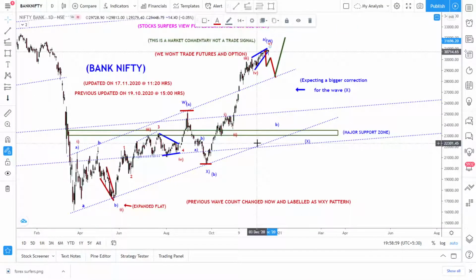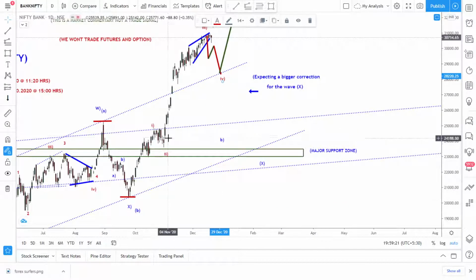So if we get into the daily chart, this is the same. Whether this 1, 2, 3, 4, 5 has ended, or this is the end of the third here, and one more, it has to retrace to this channel trend line, the upper trend line, and it will be a fourth, because here the second wave's correction is very little.